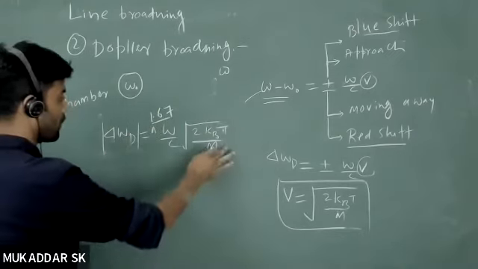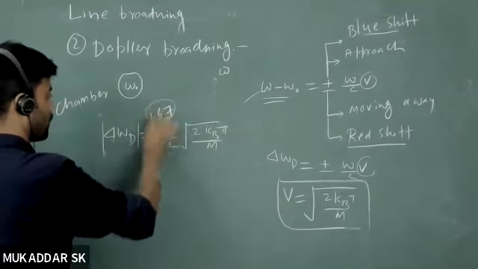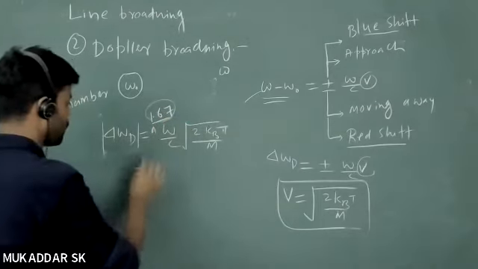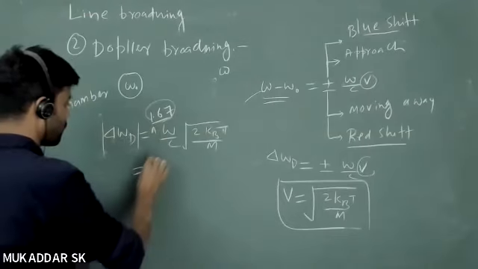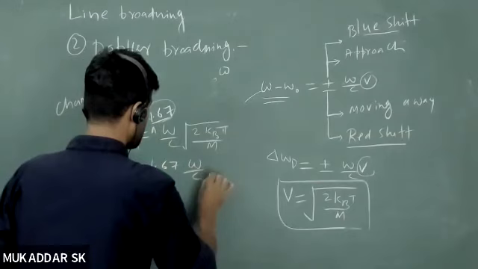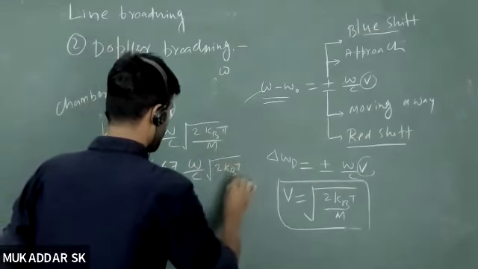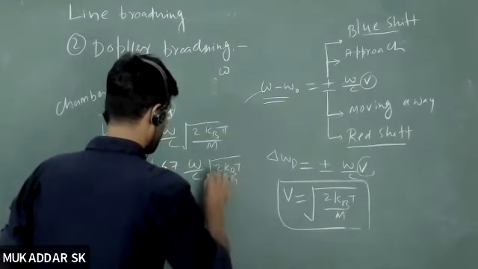By using this formula they get this, but according to experiment there should be one factor. If you include this factor, the spreading in frequency will be 1.67 omega by c into root over twice kBT by m. M is your atomic mass here, okay?